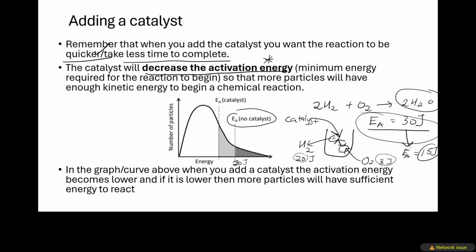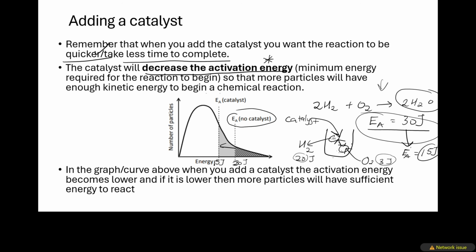These two are not able to react for this reaction that requires 30 joules. So what do you do when you add a catalyst? You decrease the activation energy to something like 15 joules.